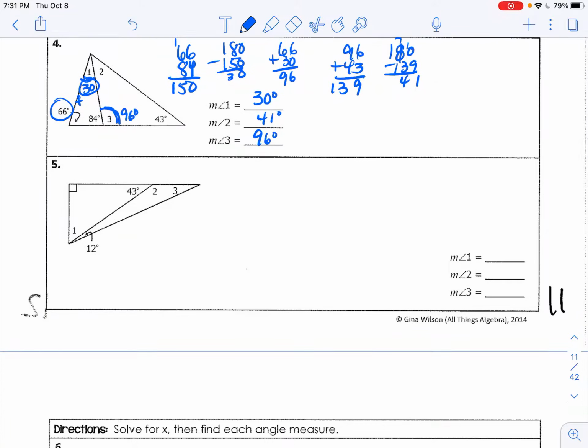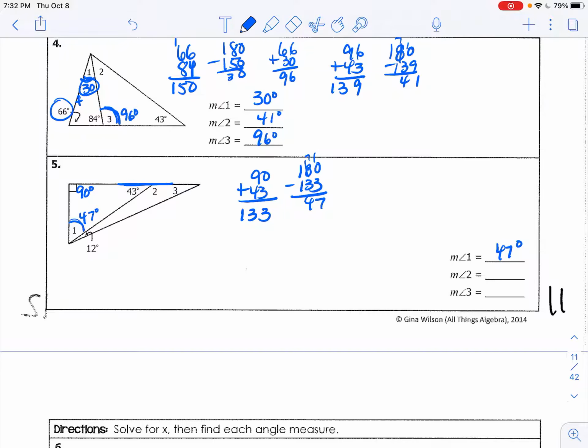In problem number 5, okay, so let's see, we've got a 90 degree, we have a 43 degree. We can figure out what angle 1 is if we add those two and subtract from 180. So 133, and then 180 minus 133, how about 47? So angle 1 is 47 degrees. Okay, so let's see, what else do we know?